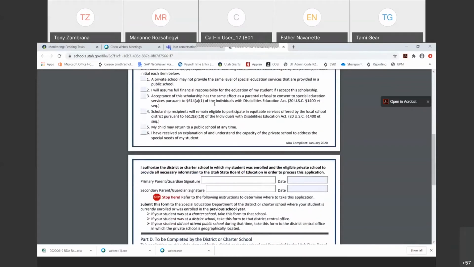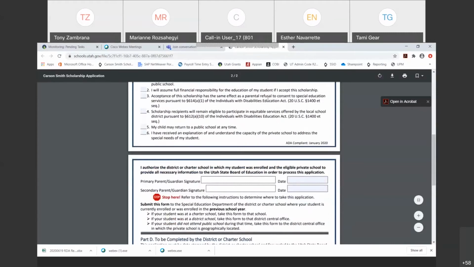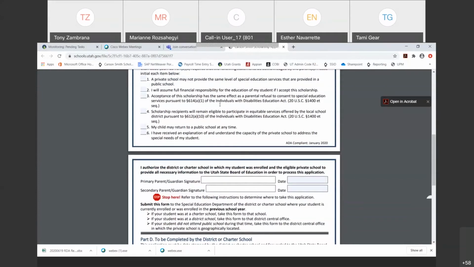The next acknowledgement is that they will assume full financial responsibility for the education of their student if they accept the scholarship. 3, acceptance of this scholarship has the same effect as a parental refusal to consent to special education services pursuant to Code 614A1 of the Individuals with Disability Education Act.